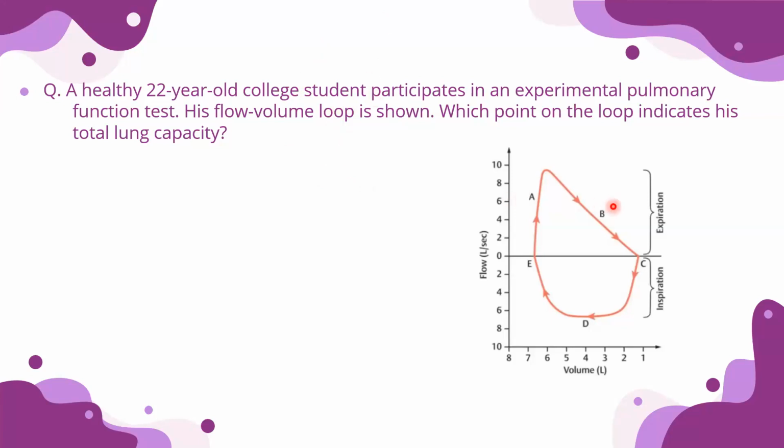Just look at here. So A, B, C, D, E. Which point in this graph, which letter is the point that indicates total lung capacity? All right, I see some of you have answered.